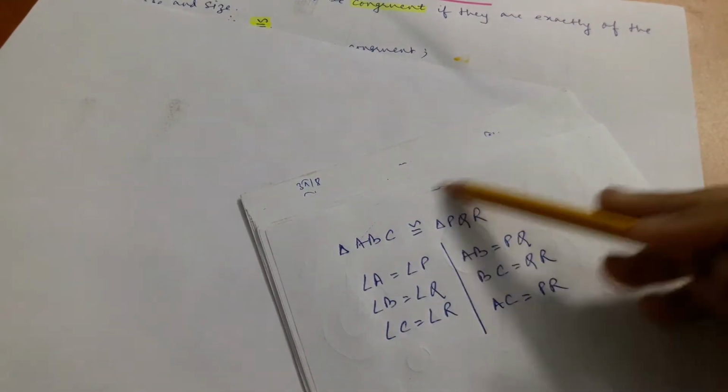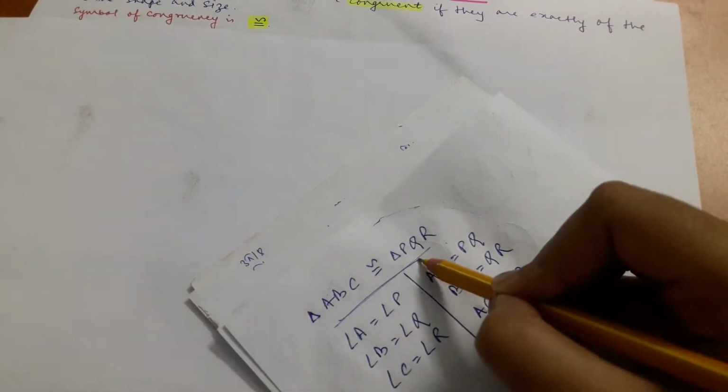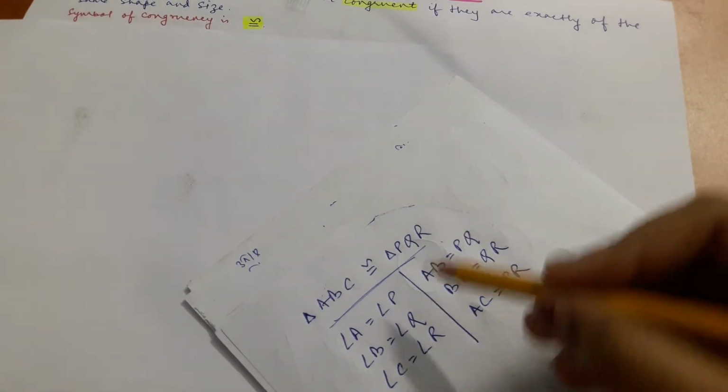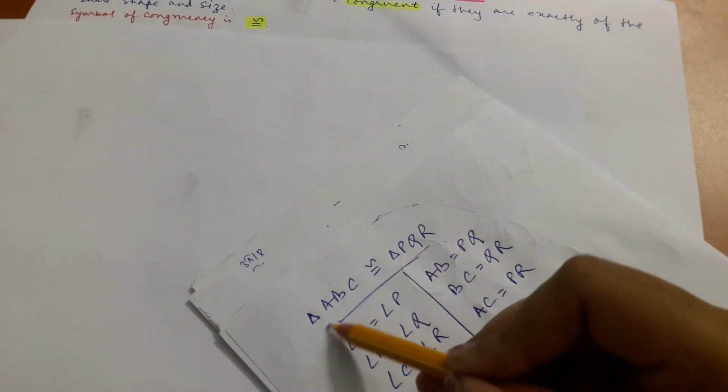Now you can ask how can I write this? How did I know? To write this, I haven't even drawn these two triangles. How did I write? For congruency, order is very important. See, we followed the order. I have written triangle ABC is congruent to triangle PQR.